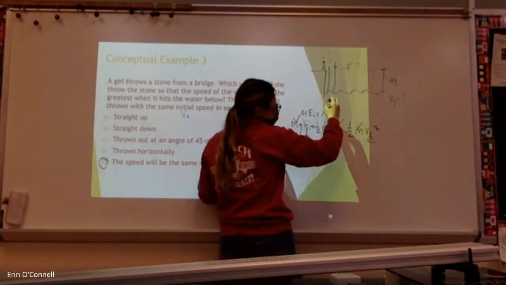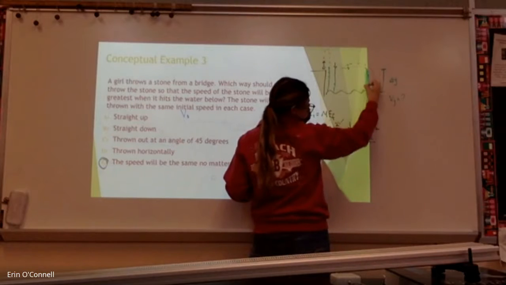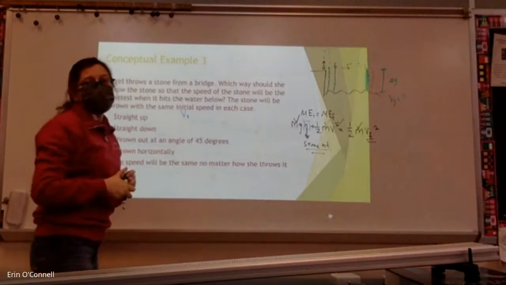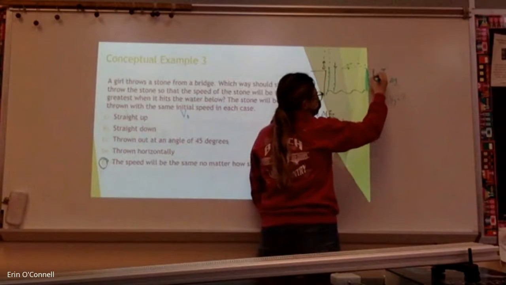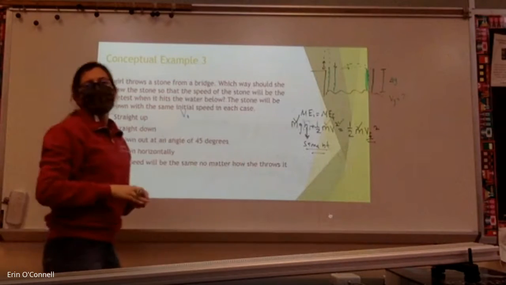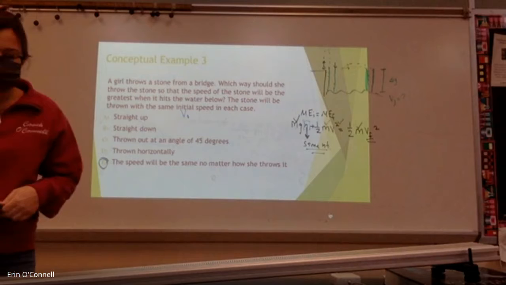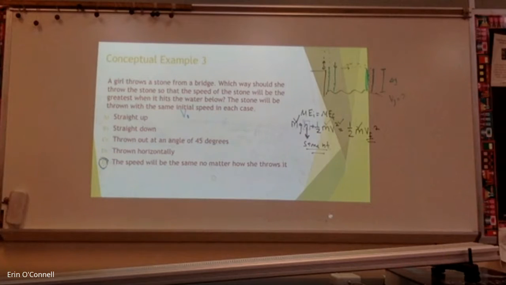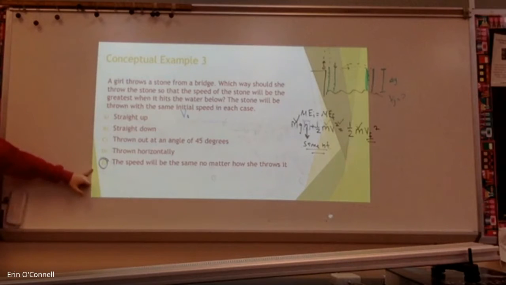If it's thrown horizontally, this is still our change in height. It's the height of the bridge. If it's thrown at an angle, our change in the height is still the height of the bridge. So if the vertical displacement is the same, acceleration is the same, it'll land with the same velocity. But energy is the easiest way to think about it. So our answer here is E.